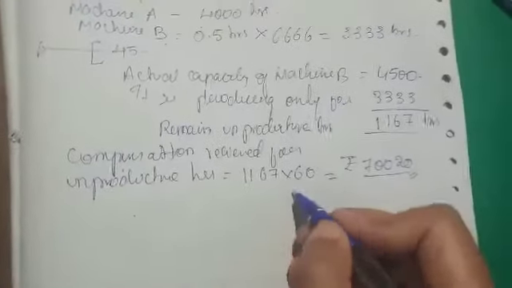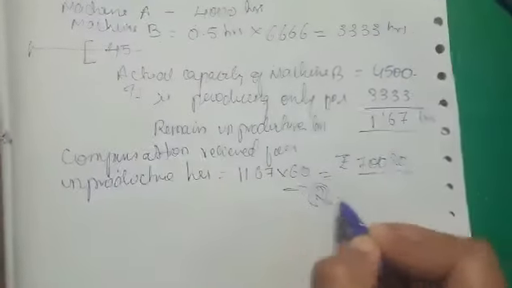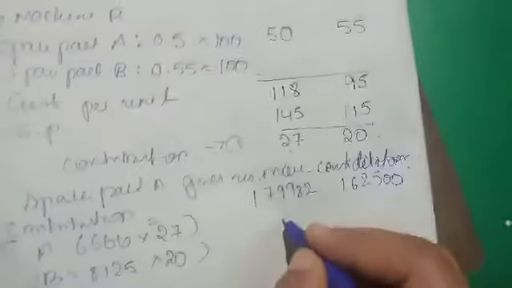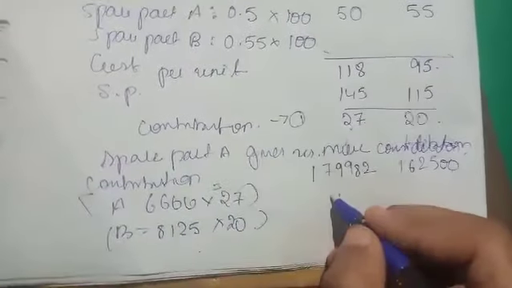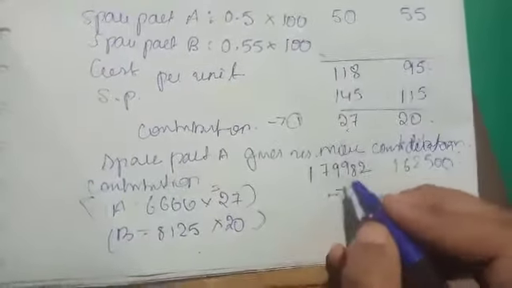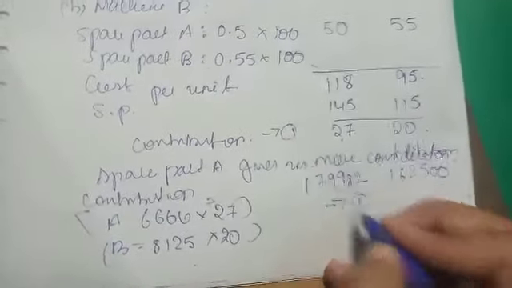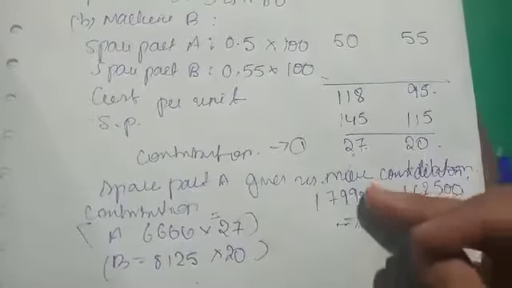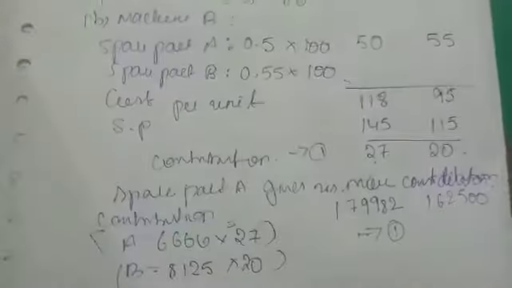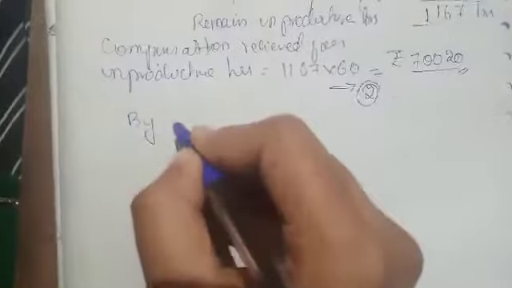So take it as 2, and take the contribution which we calculated in the last part of the question as 1. So add these, because both of these are our income, so we are adding 1 and 2.